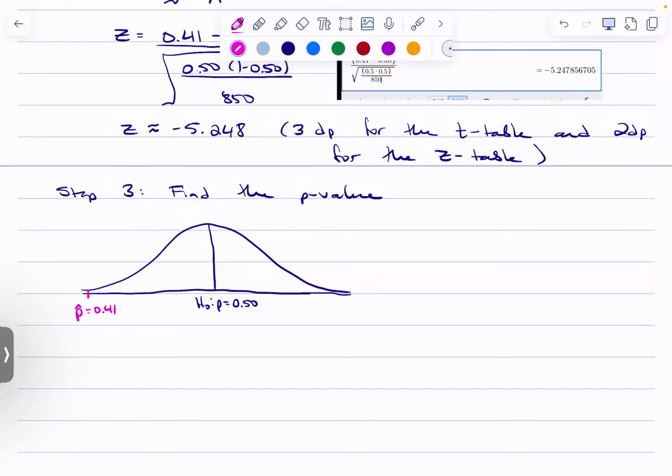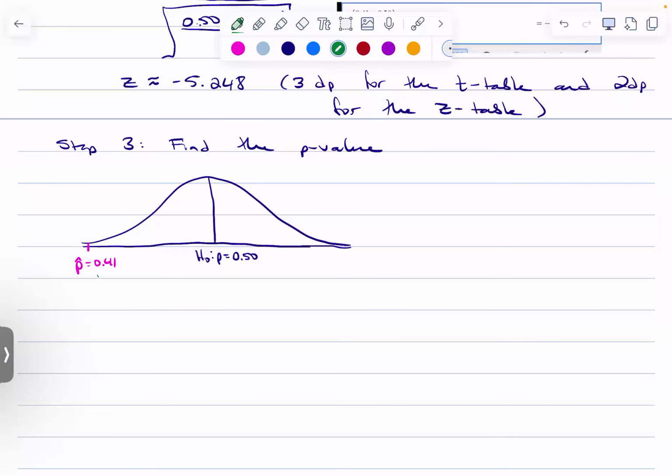Okay. We found that it was really, really far away, right? In fact, we found that it was 5.248 standard errors below 0.5. Really far, right? The negative just tells us it's below.